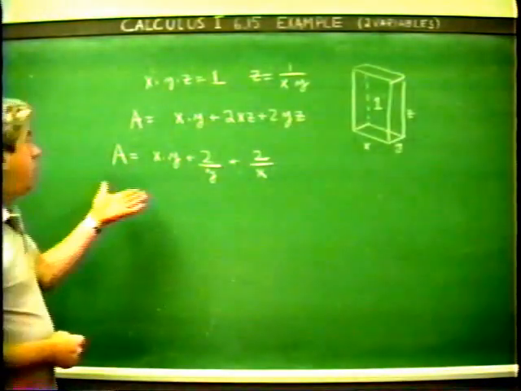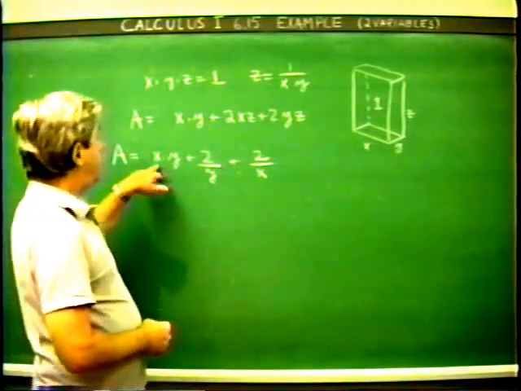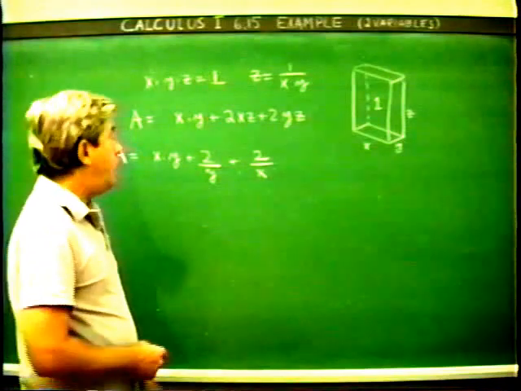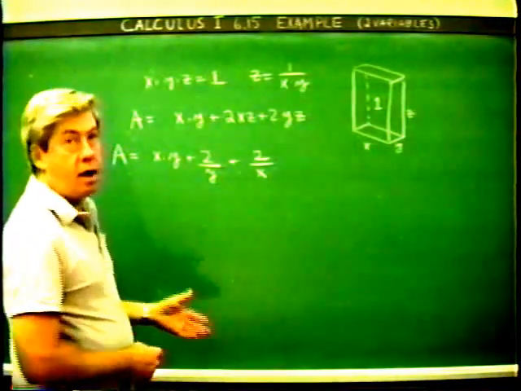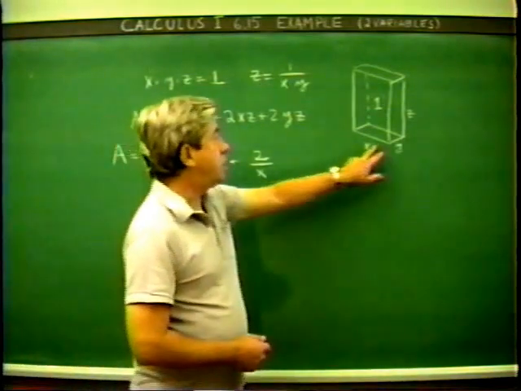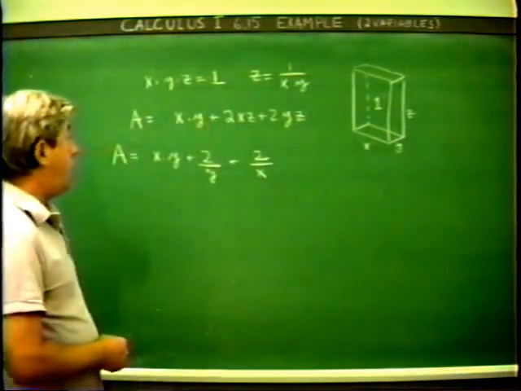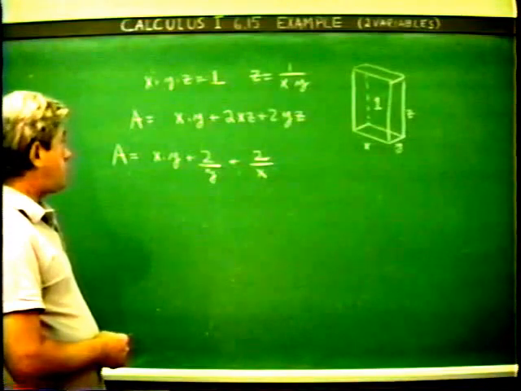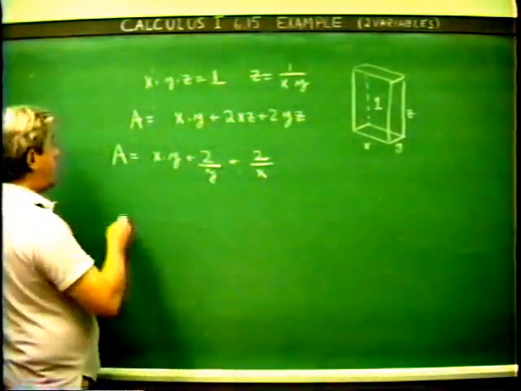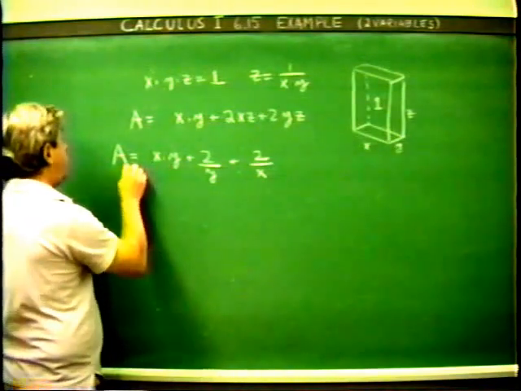Plus, again, z is 1 over xy, so this is 2 over x. Now, you can't really hope to do any better than remove the z variable here, and you're still left with two quantities, x and y. And this is a situation here, I think, where you suspect that the best box really is the one with the square bottom.